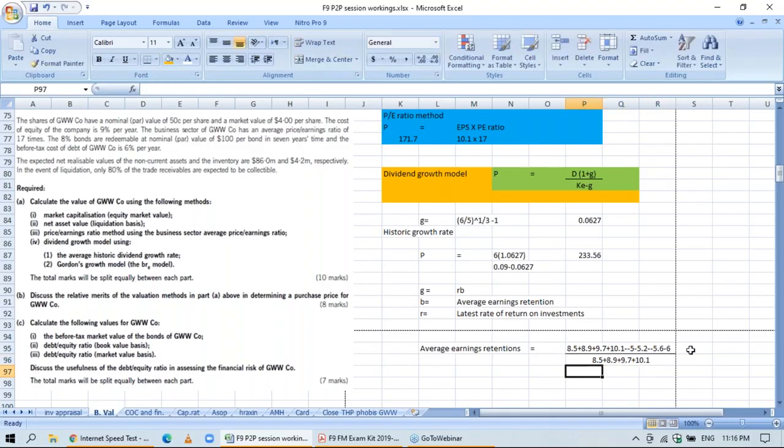This gives you 41.4. So the formula is total of retentions divided by total of profits in past. This was the formula being used. It is 41.4%.